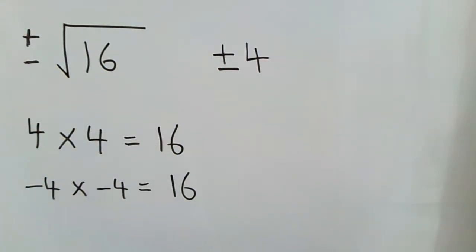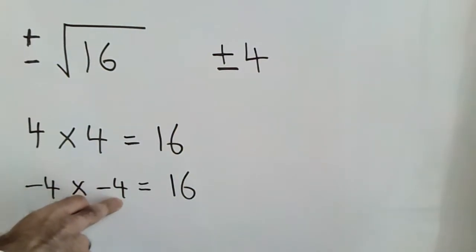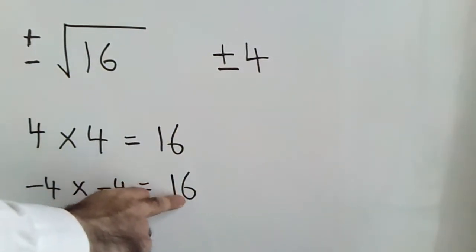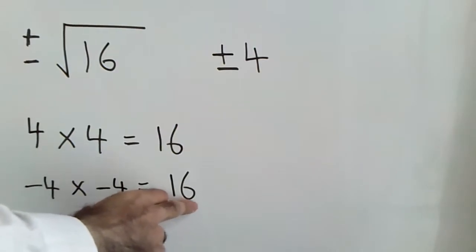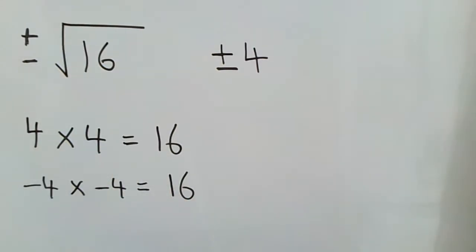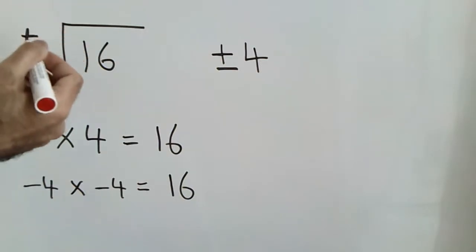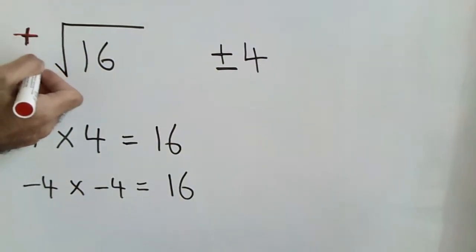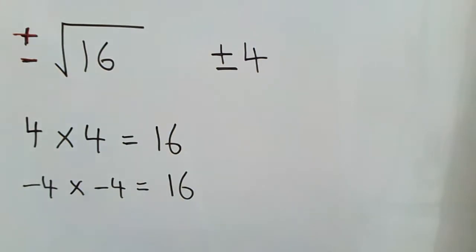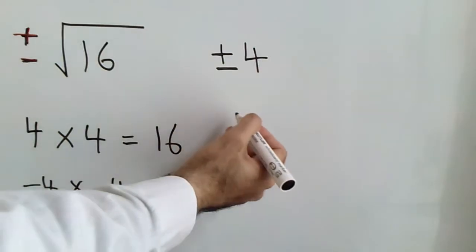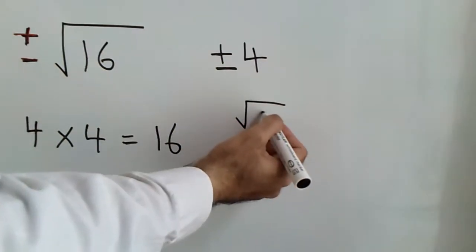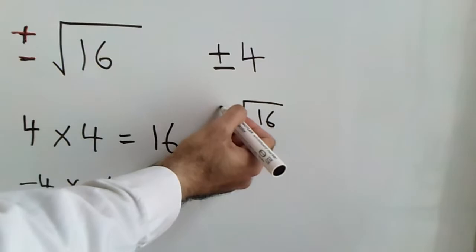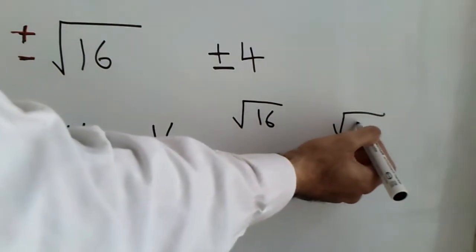But remember from our study of negative numbers that negative 4 multiplied by negative 4 is also a positive number. It's also 16. So with this notation, you'll see a positive and a negative. What that's saying is that there's an answer that's going to be positive, and there's an answer that's going to be negative.